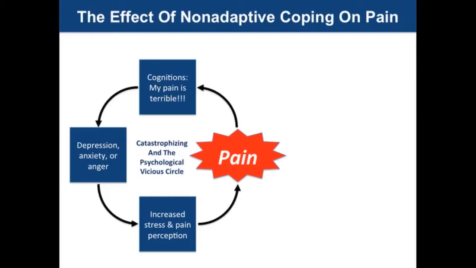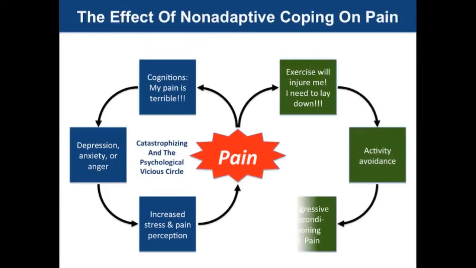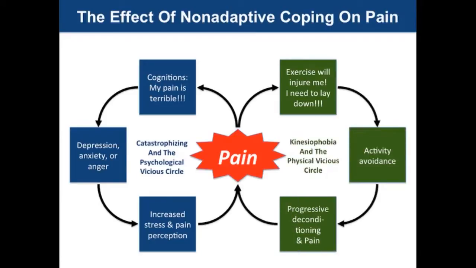But there's a second vicious circle. A person can respond to pain with the belief that exercise will injure me. I need to lay down. And so you can have dysfunctional self-protective behaviors. So this leads to activity avoidance, which leads to progressive deconditioning and a further worsening of pain. So kinesiophobia and the fear of exercise can lead to a physical vicious circle and a second downward spiral.